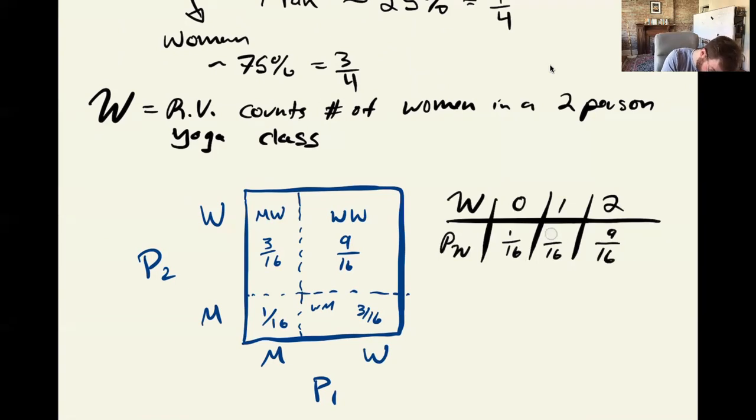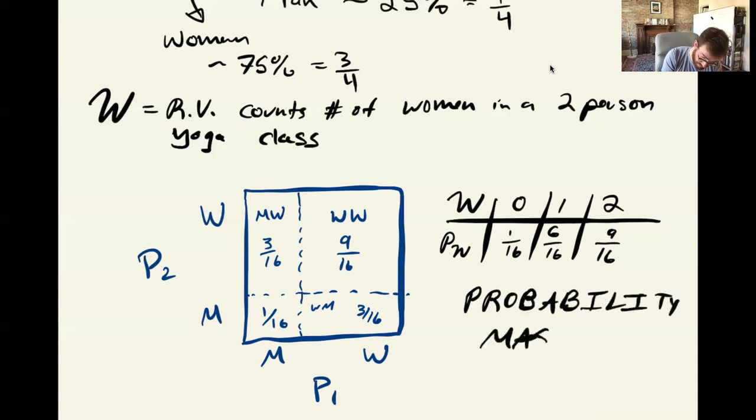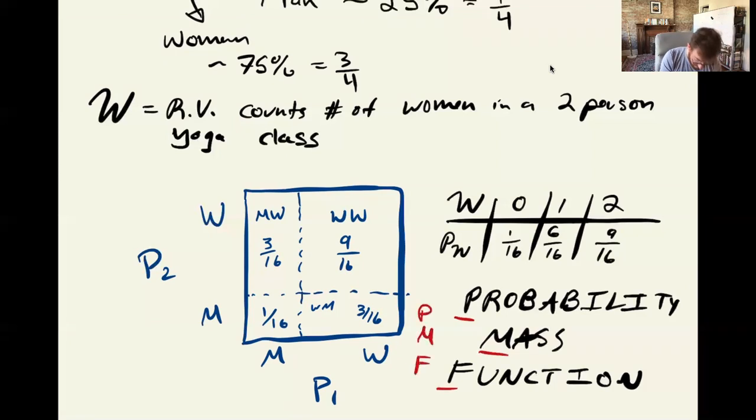So I need to sum these two. 3/16 plus 3/16 is 6/16. So we call this right here the probability mass function associated to this random variable, PMF. Very good.